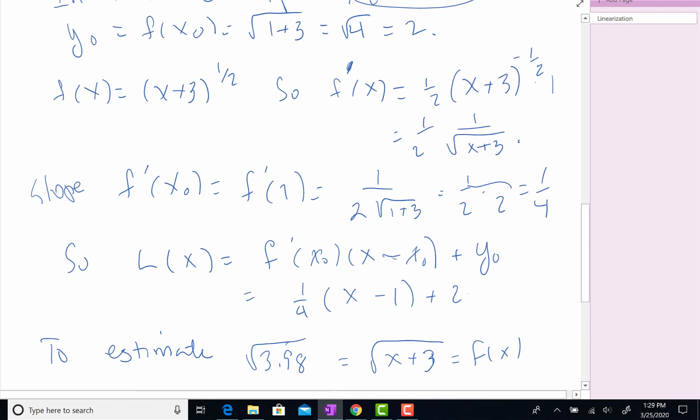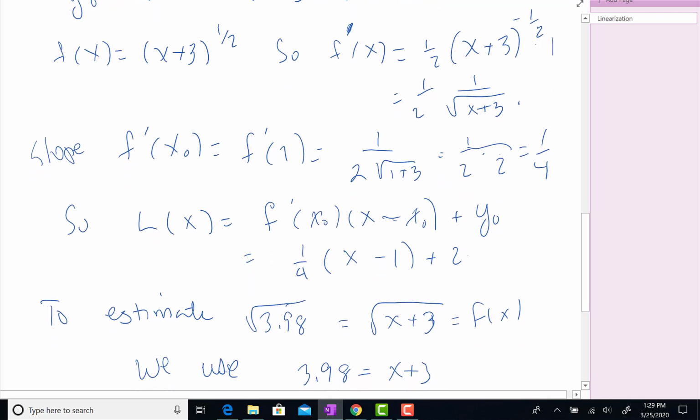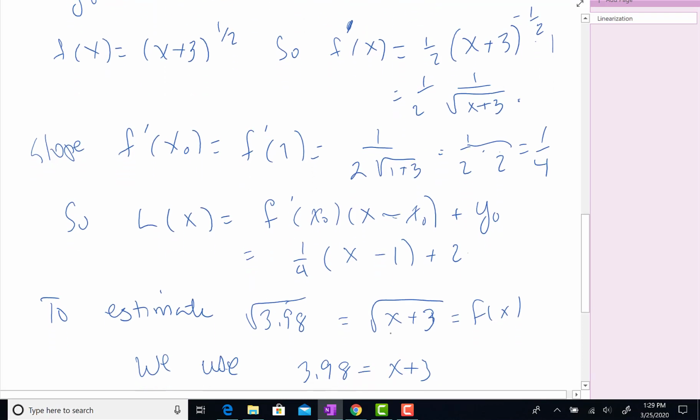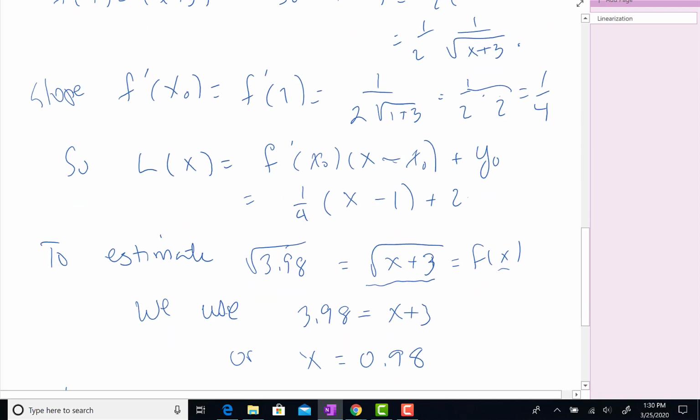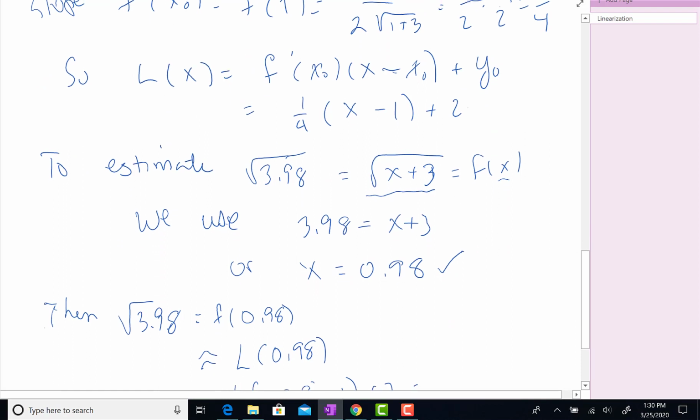Now we want to go on and use this linearization to estimate the square root of 3.98. We're thinking of putting some x value into our function, the square root of x plus 3, and getting out the square root of 3.98. So 3.98 is equal to x plus 3, so we should be using x equal to 0.98.